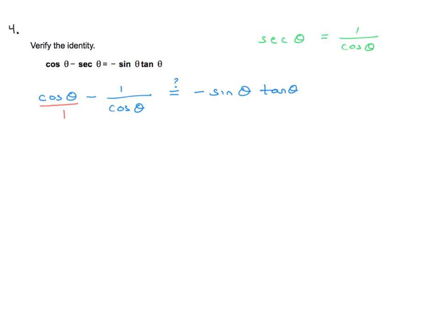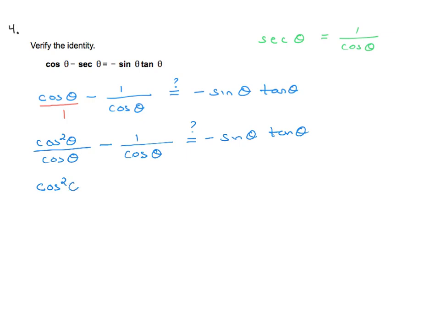So for the next line, if we want a common denominator, we're going to use cosine. And since it is now common with cosine of theta in the denominator, this is cosine squared theta minus 1 all over cosine of theta. And somehow this should simplify to negative sine theta tangent of theta.